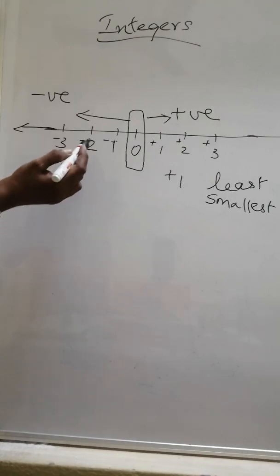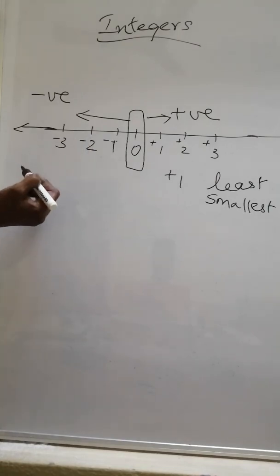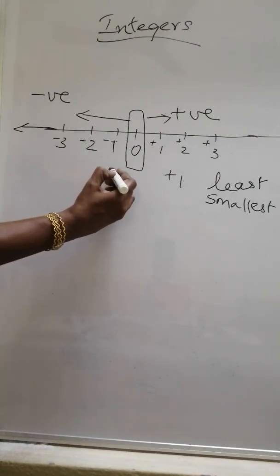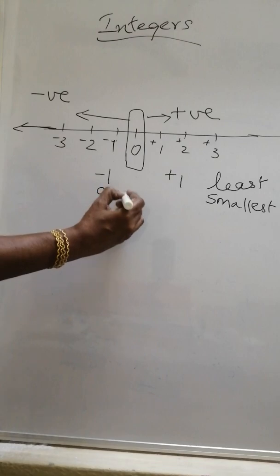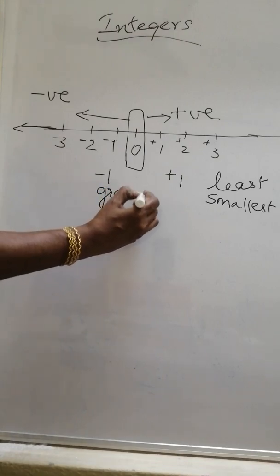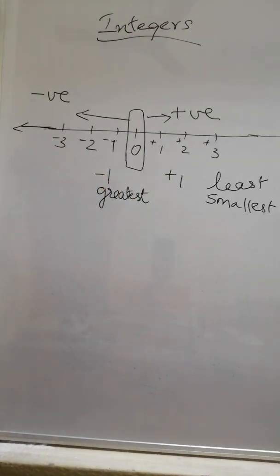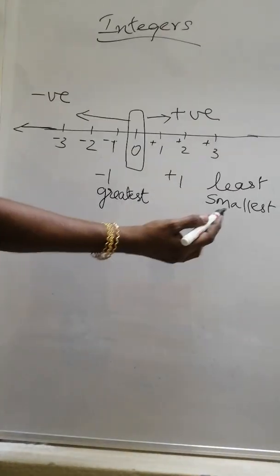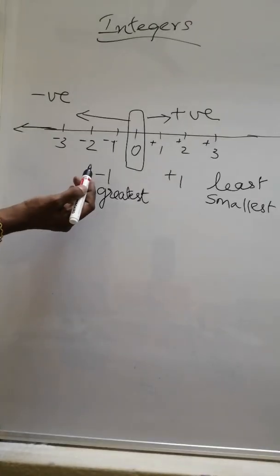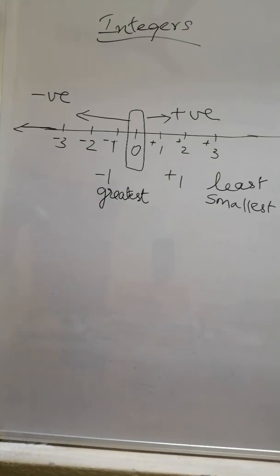But when they come to the left, negative 1 is the greatest integer. Positive 1 is the least integer or the smallest integer and negative 1 is the greatest integer.